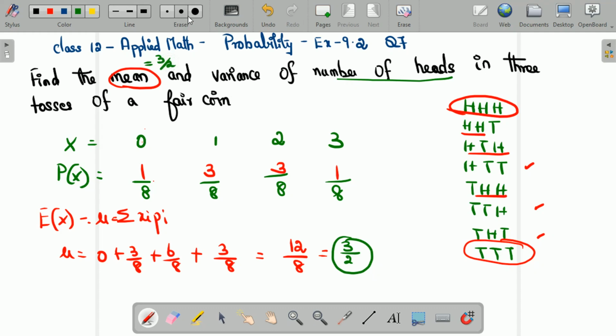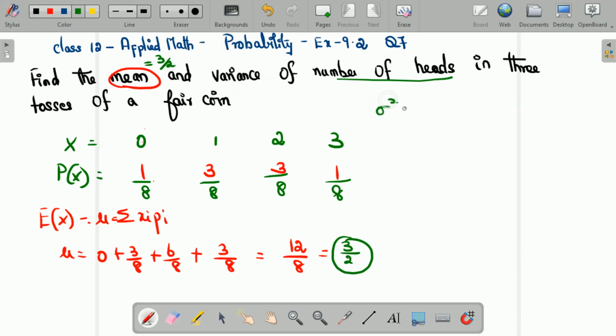Now let's calculate the variance. Variance sigma squared is equal to the sum of pi xi squared minus mu squared. So let's calculate only this first, the sum of xi squared pi.